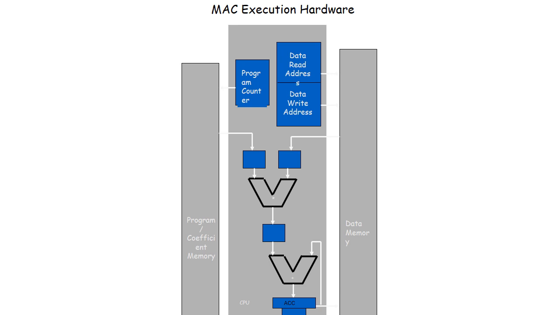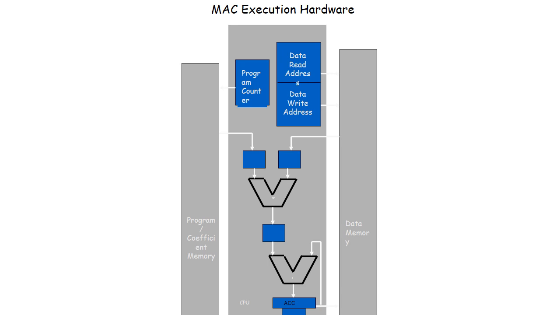Here is the MAC execution hardware. We have the program coefficient memory. We have to use two memories: one is the program or coefficient memory and the other is the data memory. First we pass the program counter, which counts through the program, and then the data read address as well as the data write address.